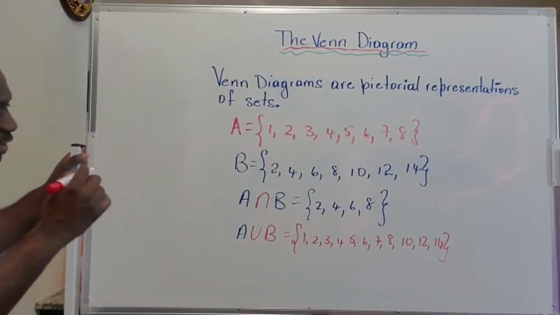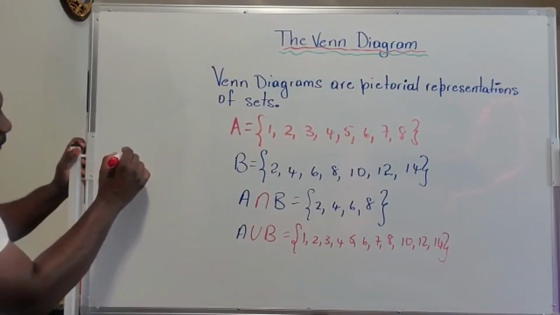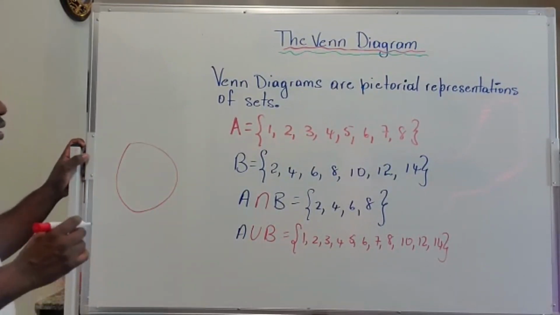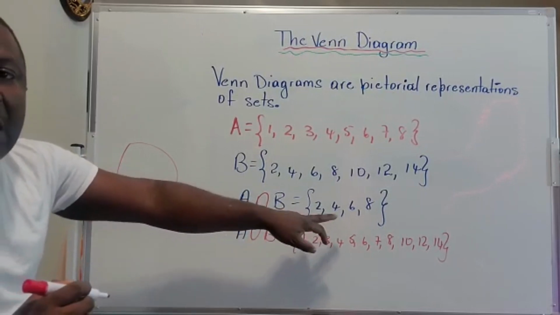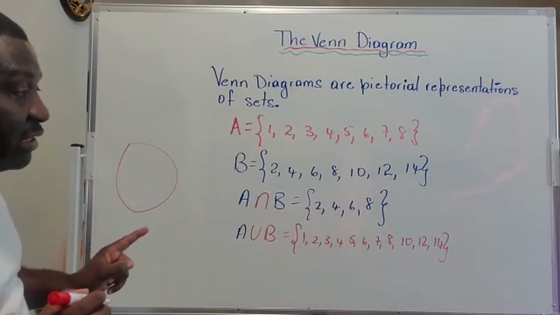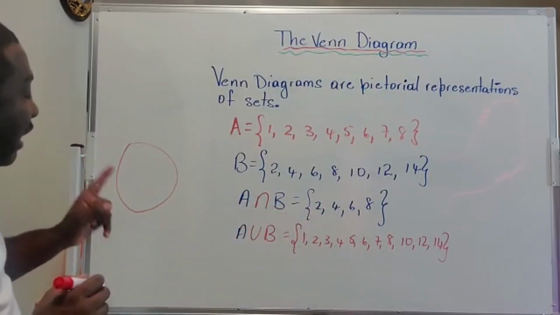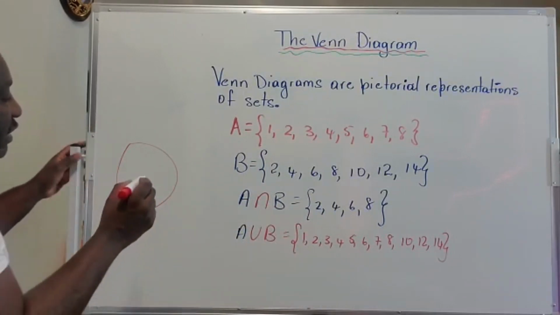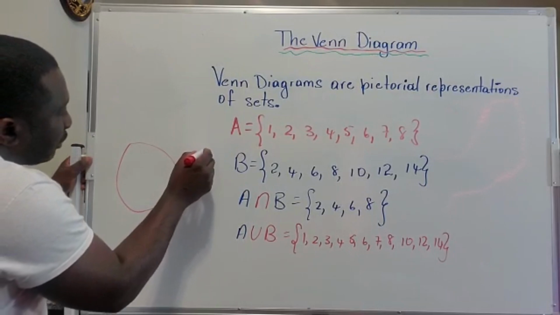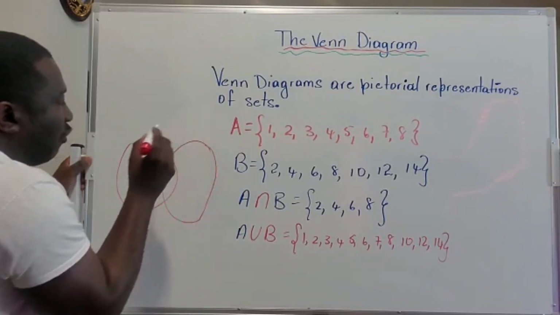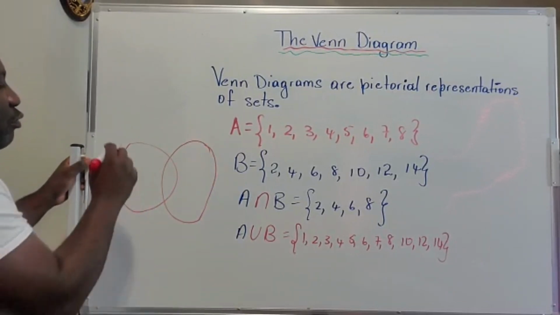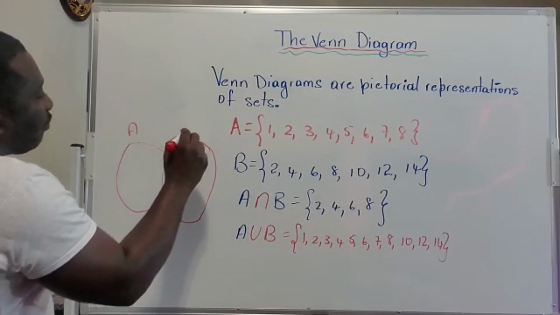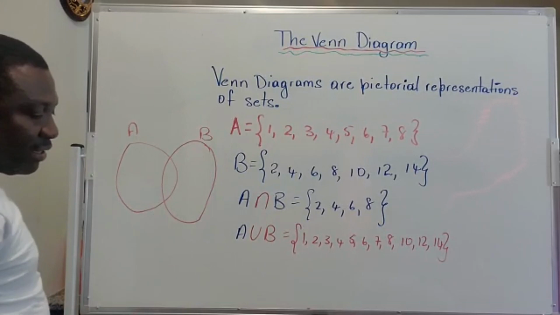So let me try to get some space here. Now, because there are common elements in both sets, that in itself tells me that the Venn diagram will intersect. So in other words, both circles will overlap. So I can refer to one of the circles as A and this one as B.